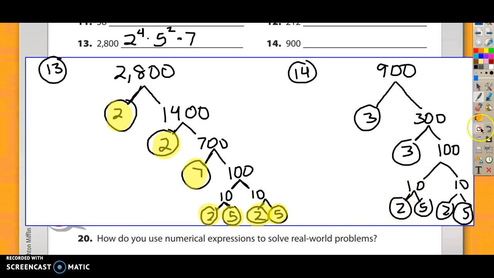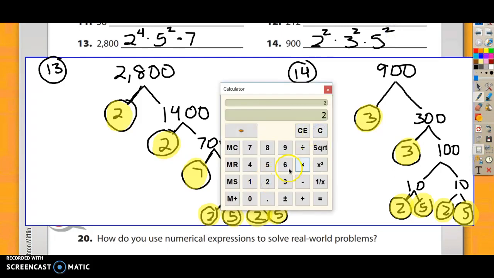And so I've got 2 2's, 2 3's, and 2 5's. So that's going to be 2 to the 2nd power, because there's 2 2's, times 3 to the 2nd power, times 5 to the 2nd power. I'm going to check that on a calculator. 2 times 2 times 3 times 3 times 5 times 5 is 900.